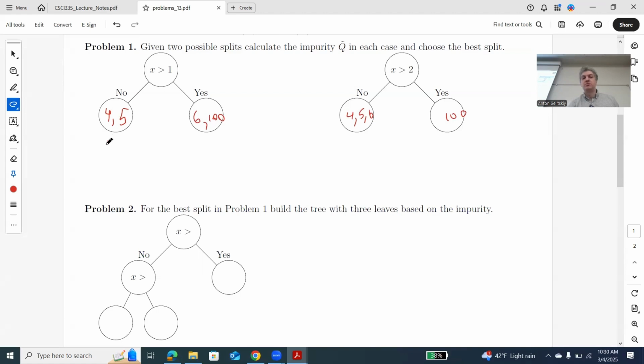It will be the average, 4.5. What will be the prediction in my right node? 53, yes. 53.